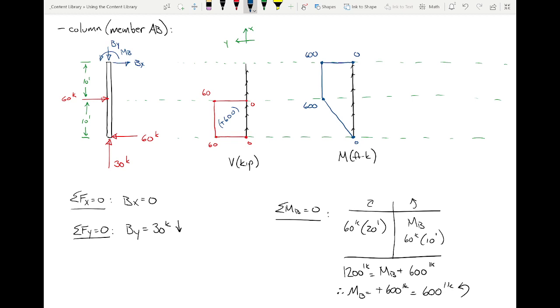Okay. Now, I do have a couple of other things I want to show you, because I think this is kind of important. Does everybody understand this? Is everybody okay with this? Now, let's look at the beam, okay?